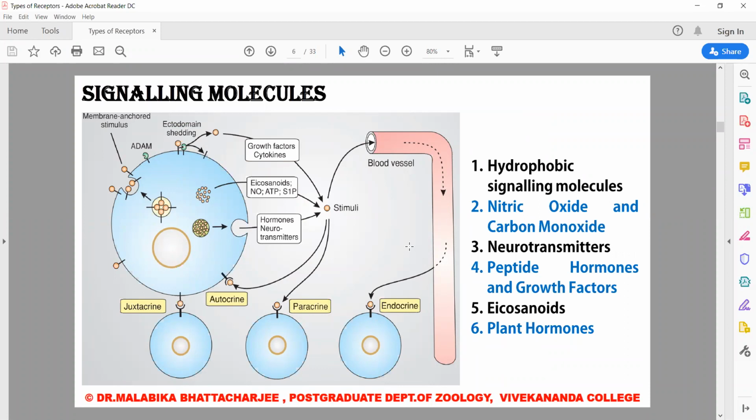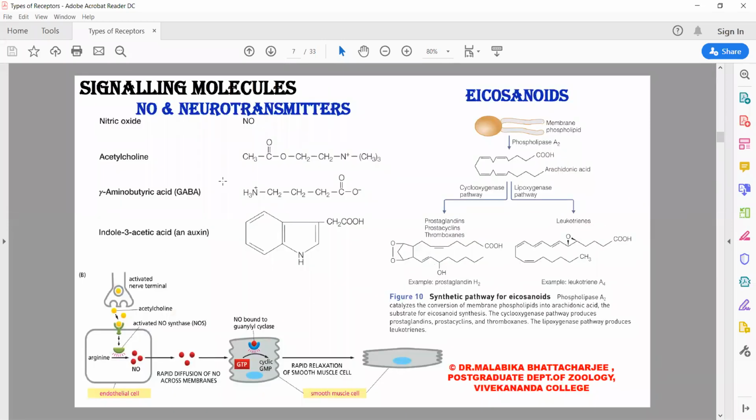Now, nitric oxide is a simple gas, and remember, it's a major paracrine signaling molecule in the nervous, immune, and circulatory systems. As you can see, this is an activated nerve terminal. This is an example of acetylcholine.